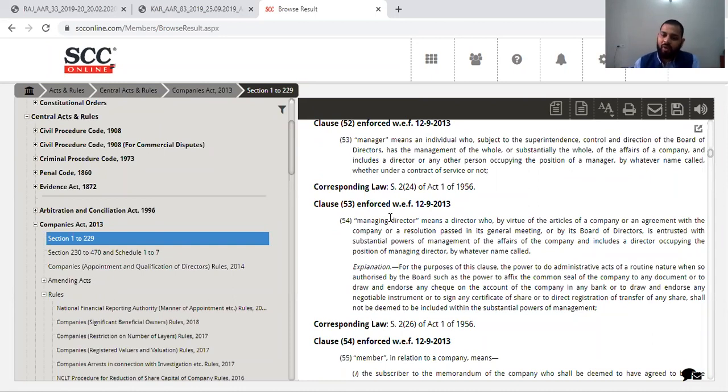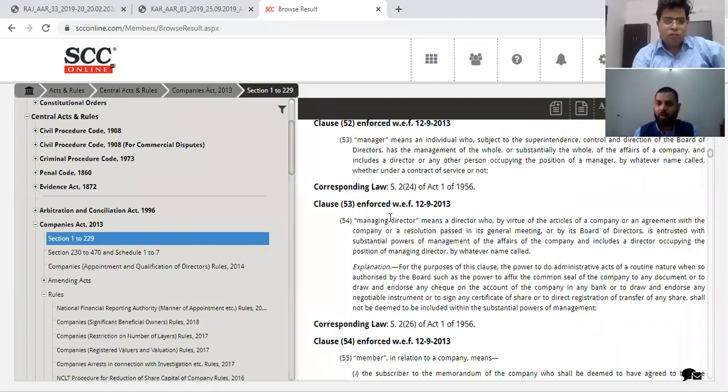Up till now, we have covered that there can be multiple types of directors who, with some variation, ultimately form a part of the board which runs the company. While a director by itself is not an employee, because they are essentially hand in glove, they're not two independent parties.